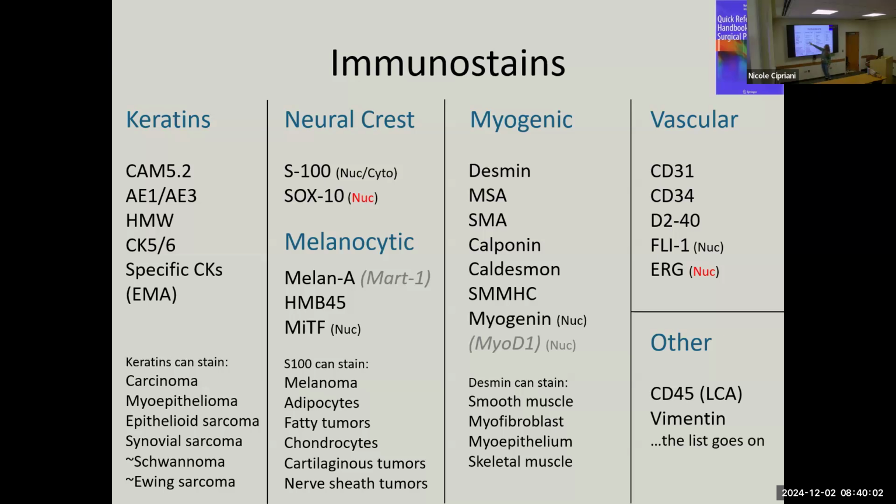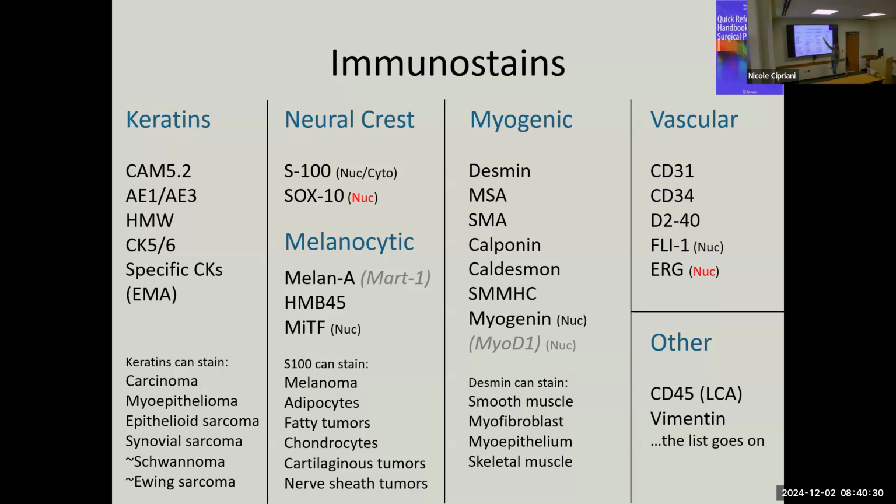Our neural crest and our melanocytic markers are overlapping, right? So S100 and SOX10, we know are for nerve sheath Schwann cells, right? But are also for melanomas, and can also sometimes stain fatty things or cartilage things, right? Then you have your specific melanocytic markers that don't stain your nerve sheath, but may stain some of your hybrid melanocytic myogenic tumors.